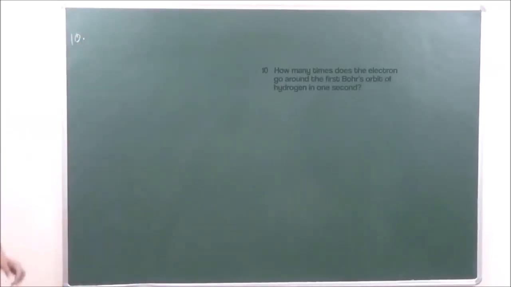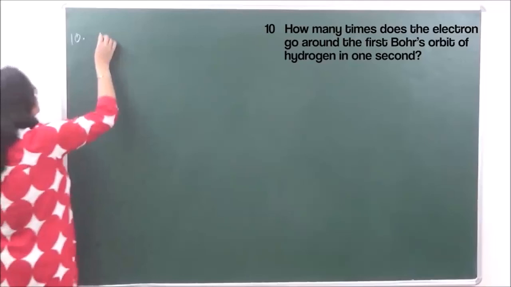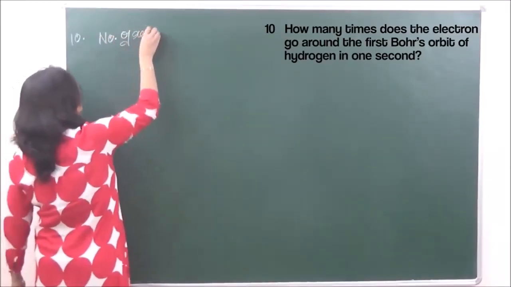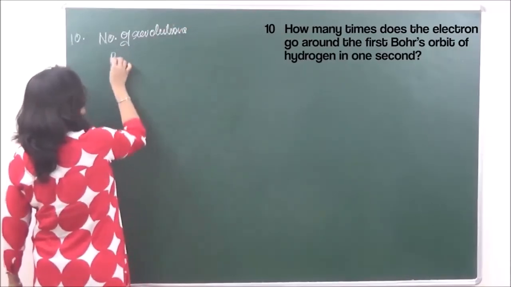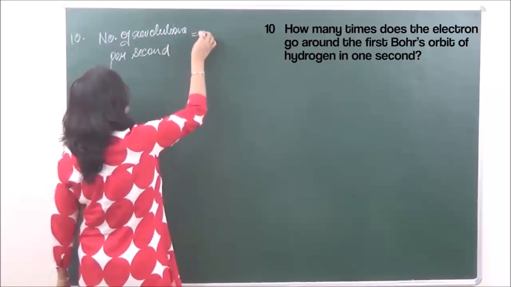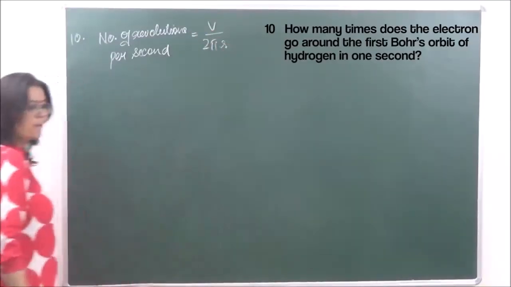Question number 10. How many times does the electron go around the first Bohr's orbit of hydrogen in 1 second? This is your question. So number of revolutions per second is given by the formula v upon 2 pi r.